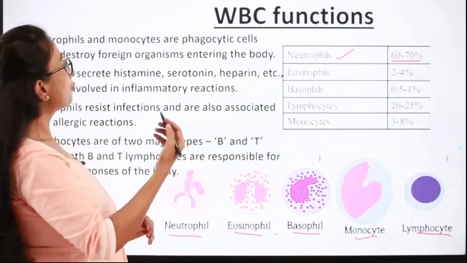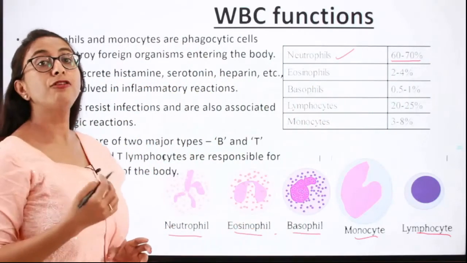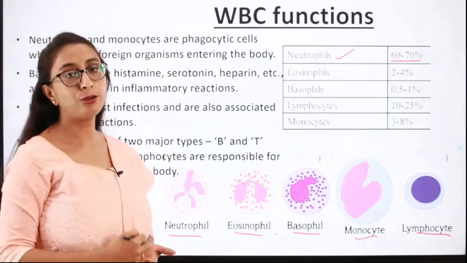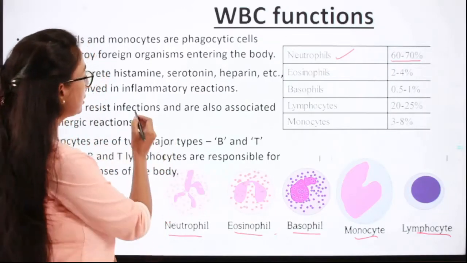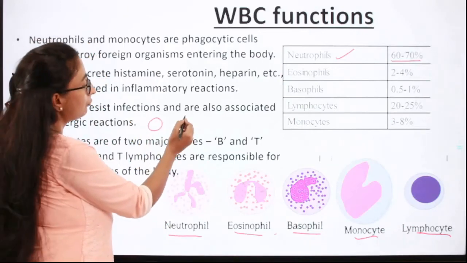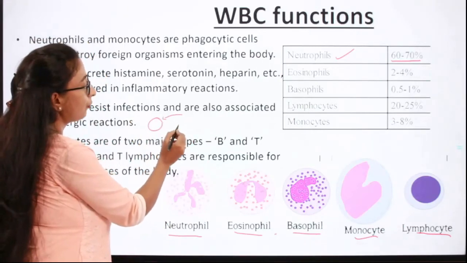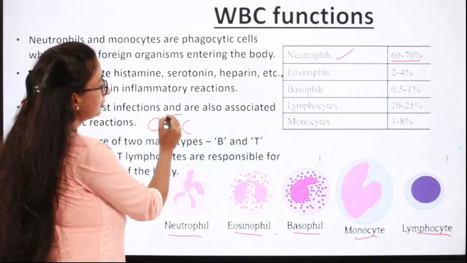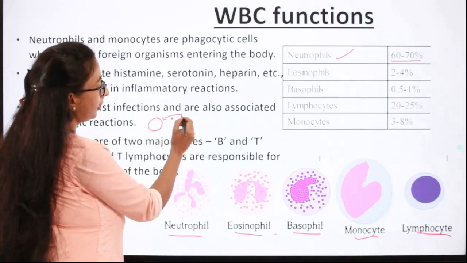The neutrophils and the monocytes are the phagocytic cells which destroy the foreign organisms entering into the body. So how do they function? Say this is a neutrophil or a monocyte. Whenever a foreign particle is trying to enter into a body, they will engulf it. Suppose this is the foreign particle trying to enter into a body.